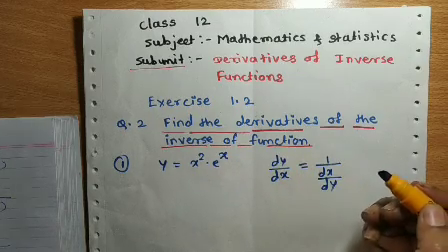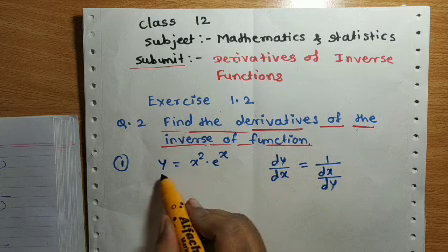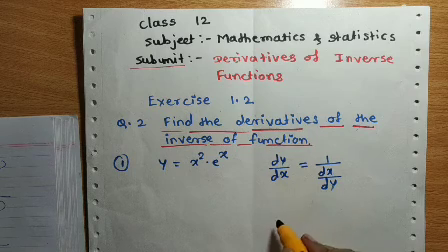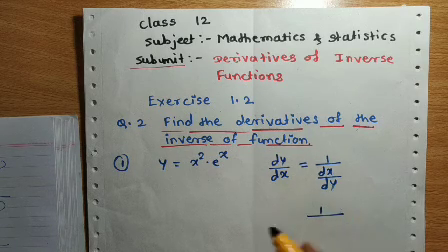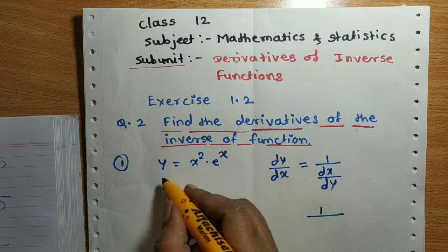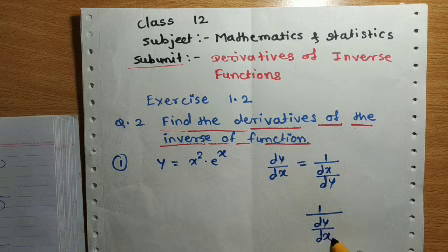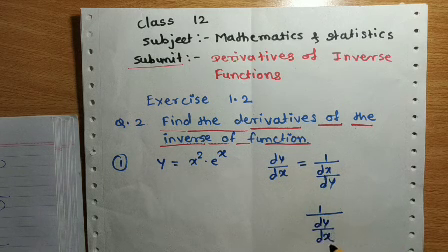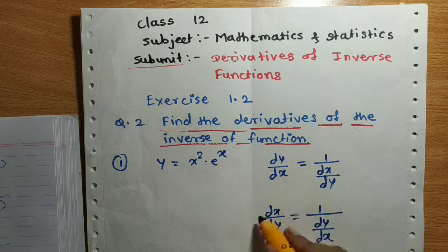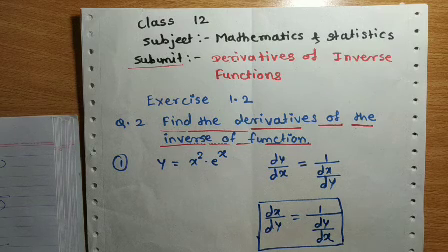The derivative of y is dy by dx, and the inverse of this becomes 1 upon dy by dx, and 1 upon dy by dx becomes dx upon dy. We simply use this formula in question number 2.